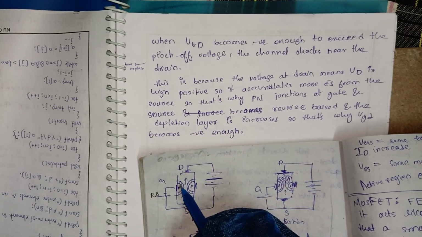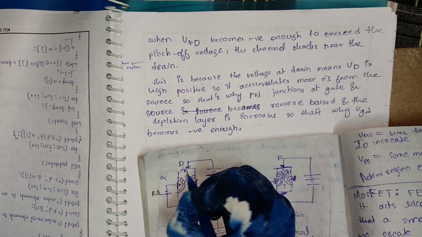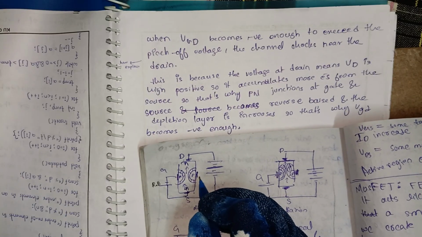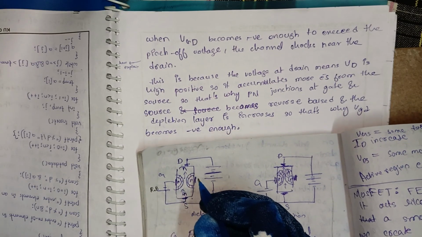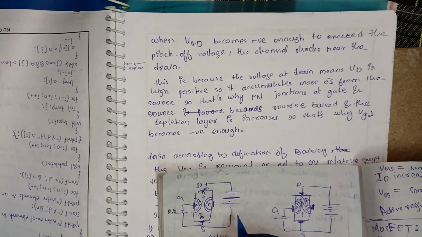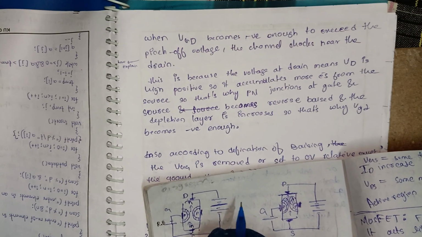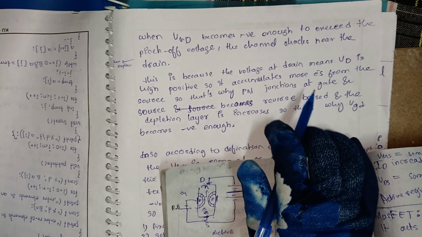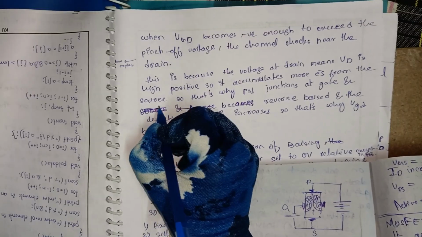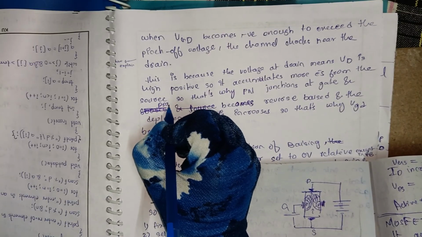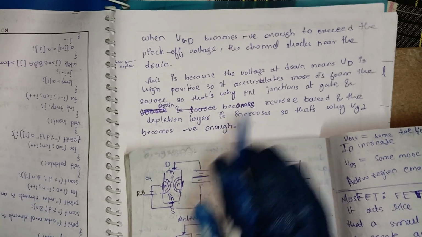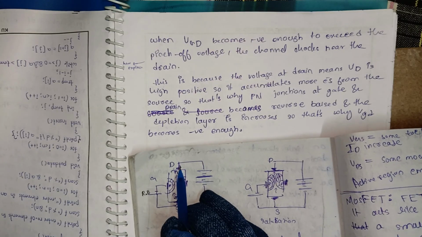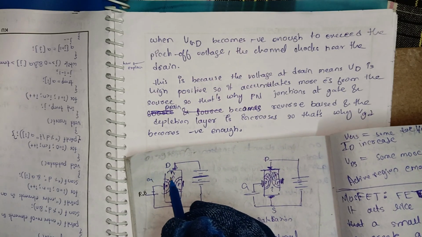And so the PN junction, here is the N junction. The PN junctions at gate and drain, not source, it is gate and drain, become reverse biased and the depletion layer is increased because of diffusion.